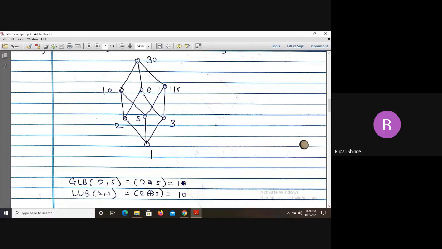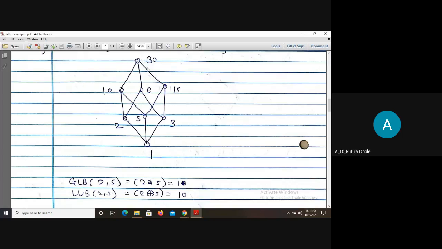If you consider the pair 6 and 15, the greatest lower bound is 3 and the least upper bound is 30. Again, if you consider the pair 10 and 15, what would be the greatest lower bound? 5, correct. And the least upper bound is 30.